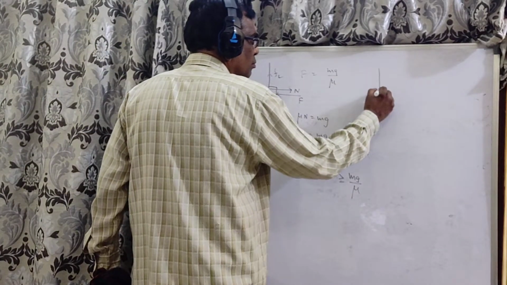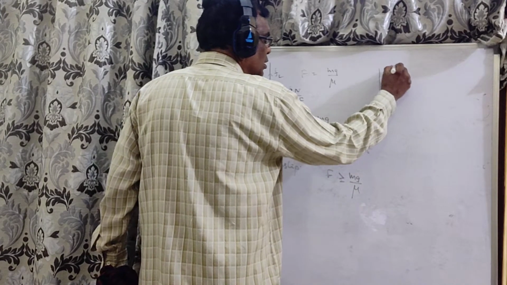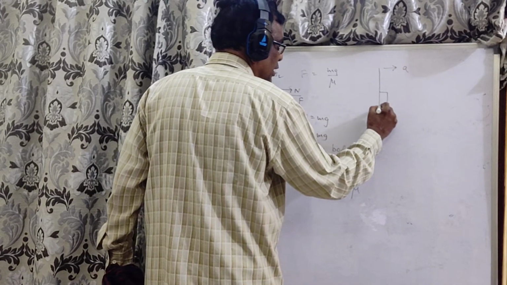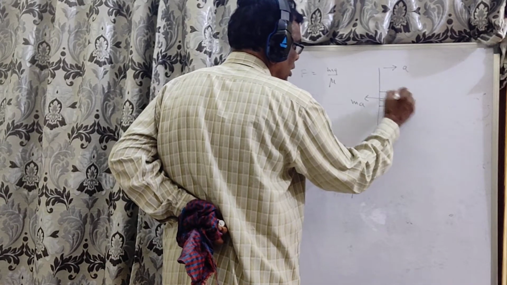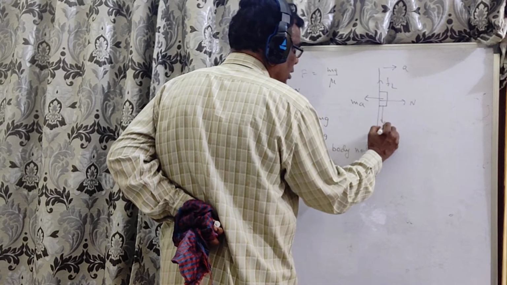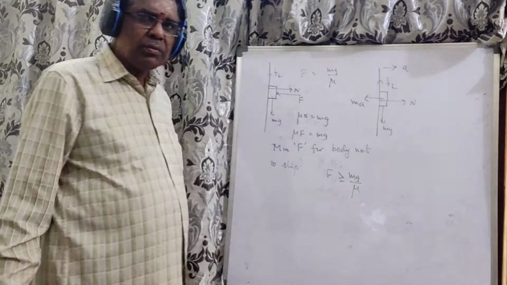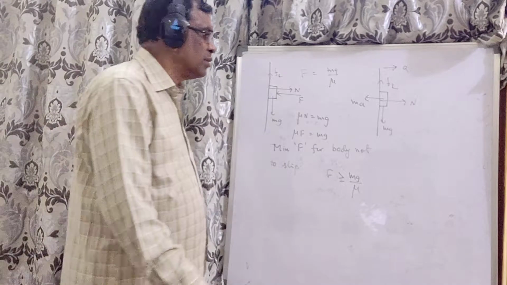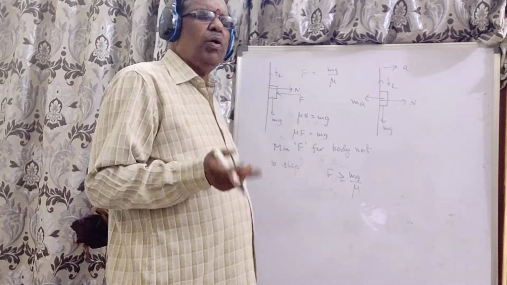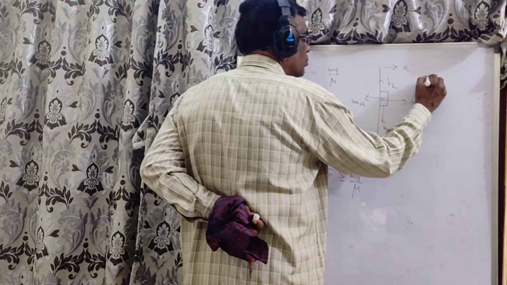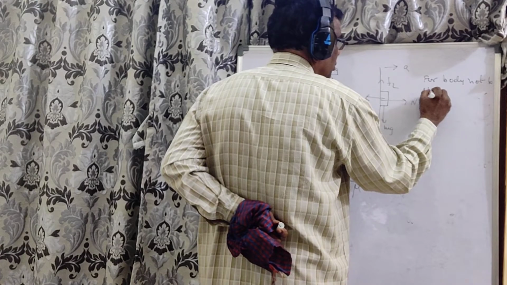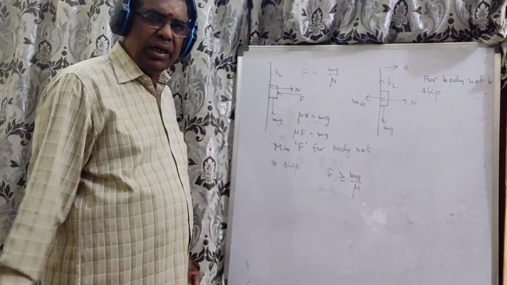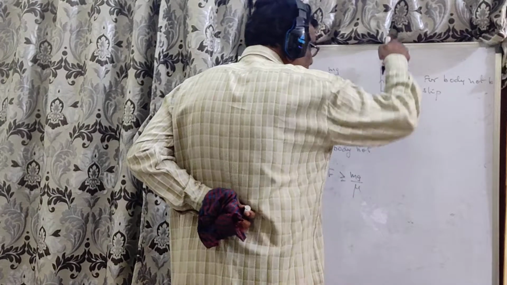Supposing I am taking a surface which is accelerating with A, and as I said, you may take pseudo force, N, FL, mg. The more the acceleration here, the more stable the body would be. For the body not to slip, what do you get?